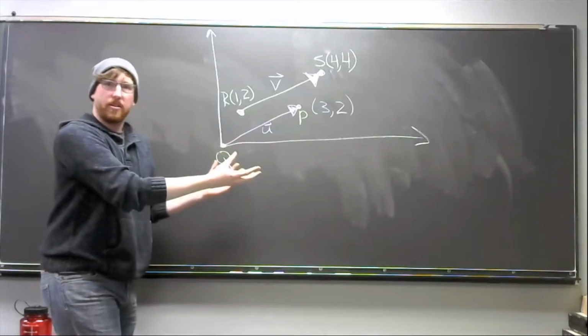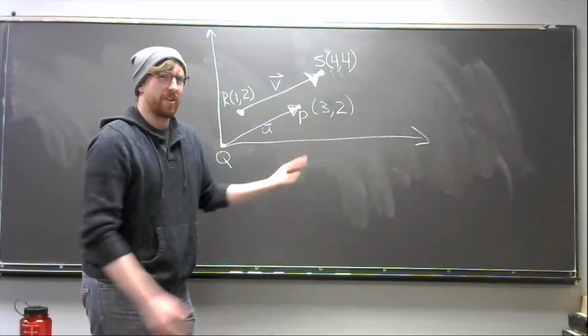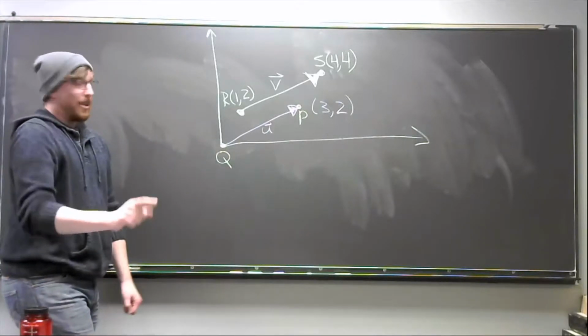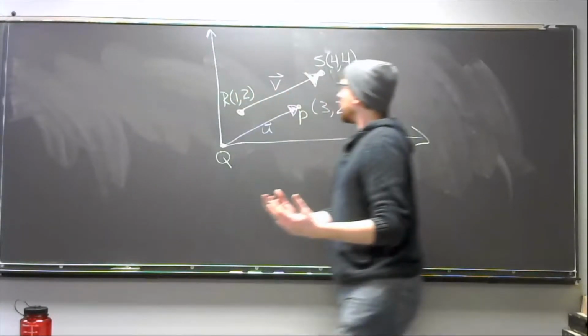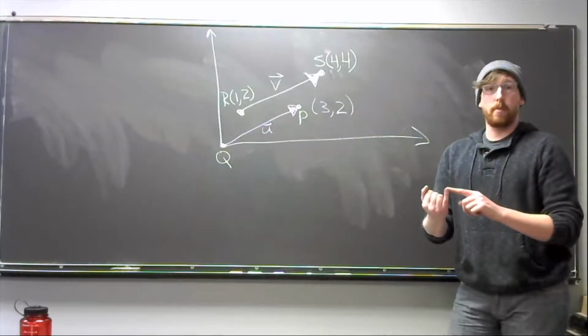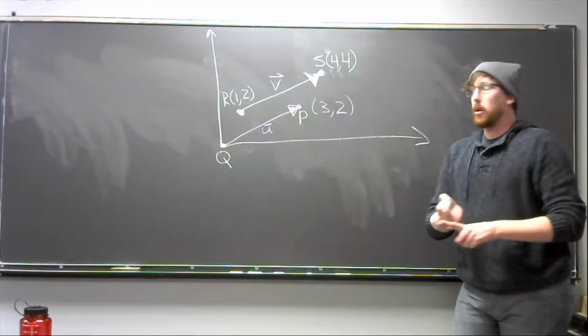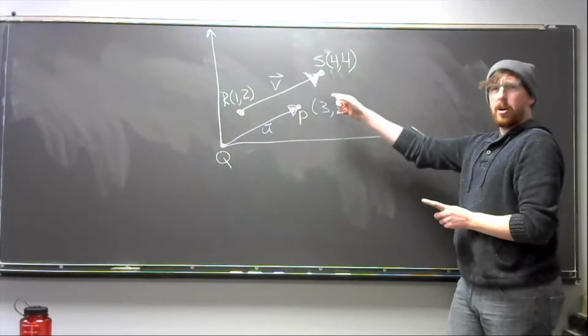So you might be now asking, but how? They're not on top of each other. That doesn't seem like a thing. It is. When two vectors are said to be equivalent, they have to have two things in common: their direction and their magnitude.